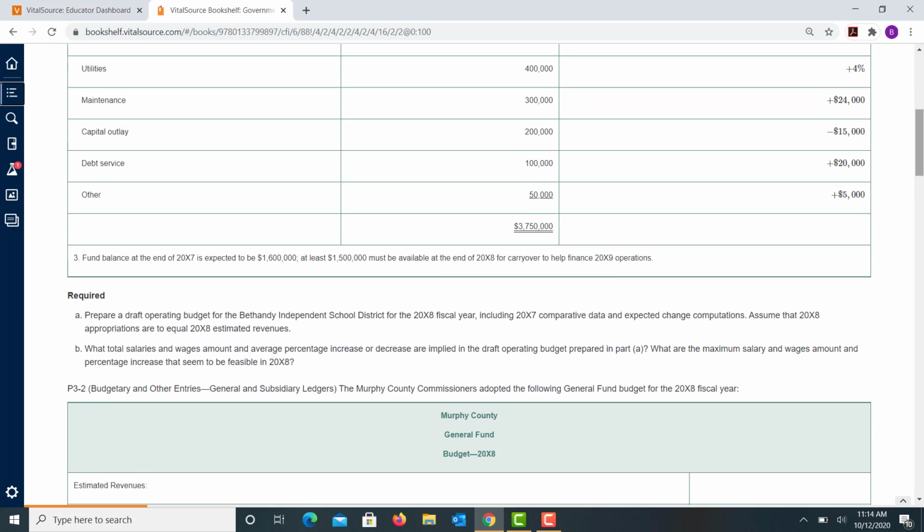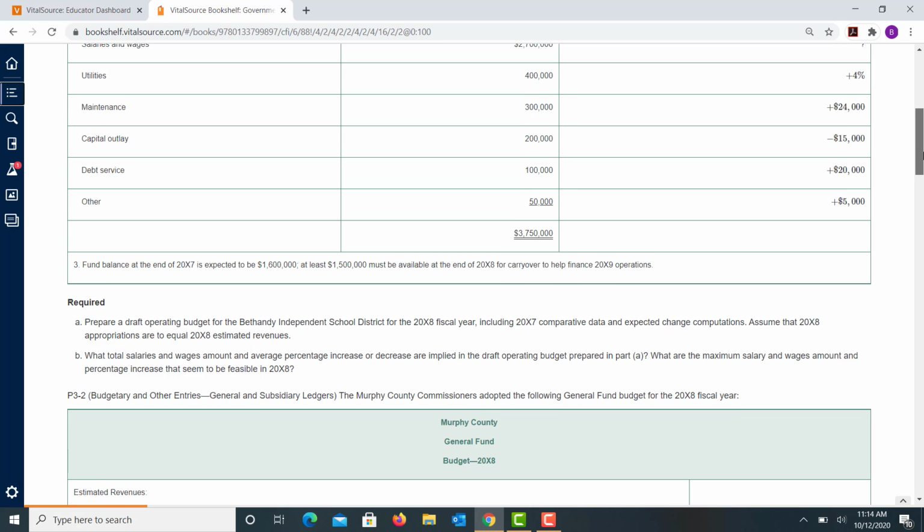The instructions here tell you to prepare a draft operating budget for Bethany Independent School District for 2018 fiscal year, including the 2017 comparative data and expected change computations. Assume the 2018 appropriations are equal to the 2018 estimated revenues.